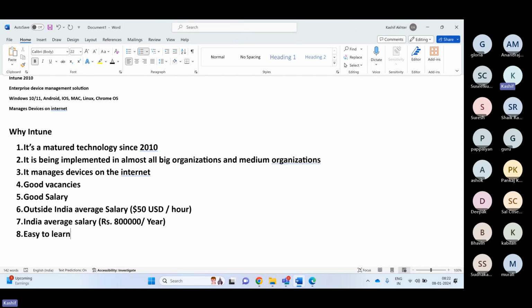There are steps which you have to follow, and after following the steps you will be able to achieve your task. So easy to learn, no coding and programming languages. You don't have to learn any C, C++, Java, Oracle, or Python, anything. It is completely GUI. Okay. So you can easily understand how this technology works. Okay.